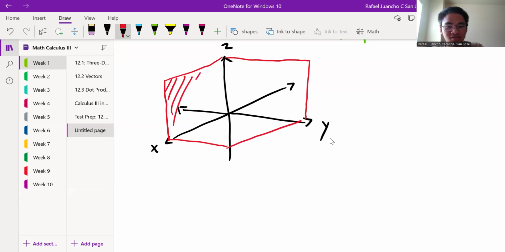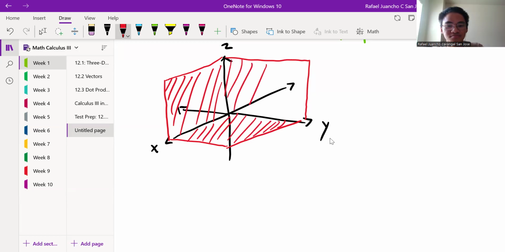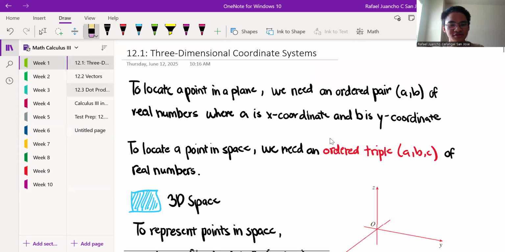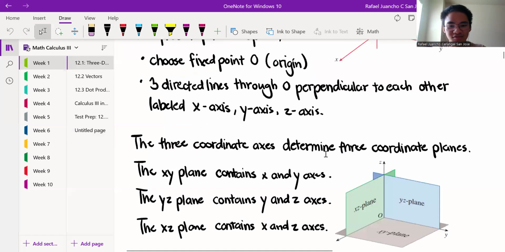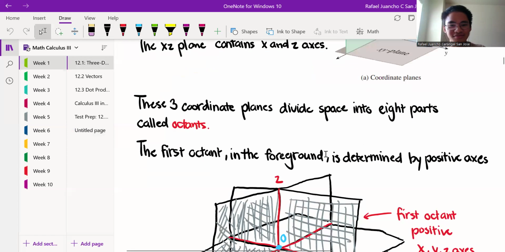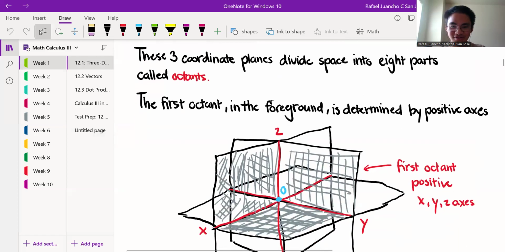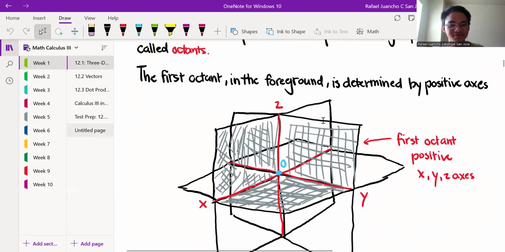This is an octant. No, not an octant. This is the first space. Right? That's one space. And we actually call this, I think it was the foreground. Yeah, it's because that's where everything is positive. Yeah, the foreground, right? That's where everything is positive.